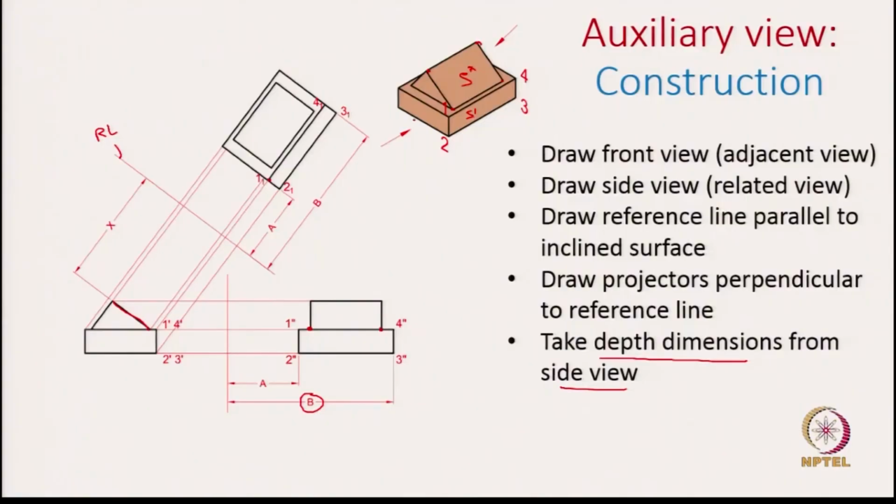So, for example, S1 in this auxiliary view is not required, because that is anyway captured well in the front view and the side view. So, what we are doing is we are drawing unnecessary things. So, what we can do is we can only focus on the surface of interest and ignore the others. Then what we call it is the partial auxiliary view.